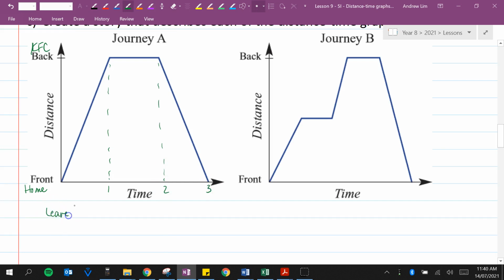So you leave home, it takes 1 hour to get to KFC. Stay there for an hour.